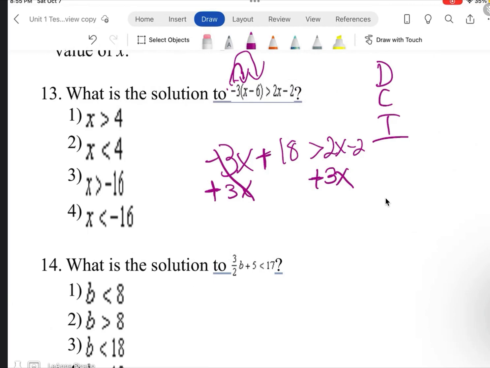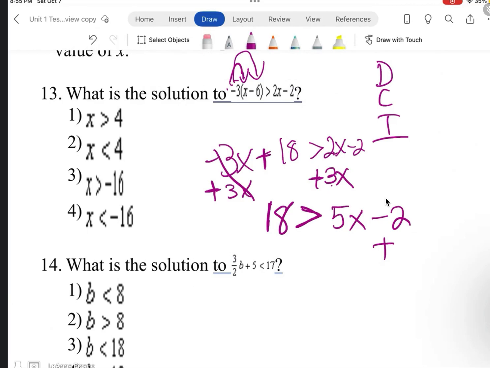So we're going to end up with 18 on one side. I'm going to keep that greater than sign right now. And we have 2x plus 3x, and that's 5x minus 2.